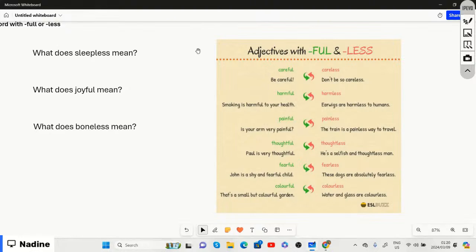And the words in pink are words with less, which means without. For example, careful. It's like somebody telling you, be careful.